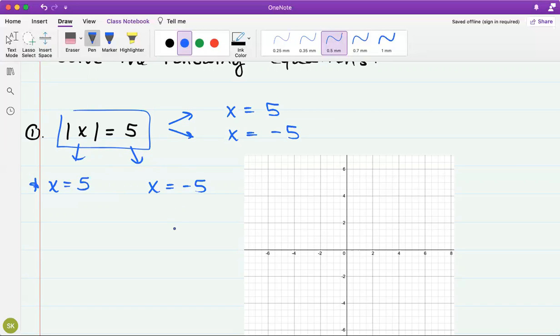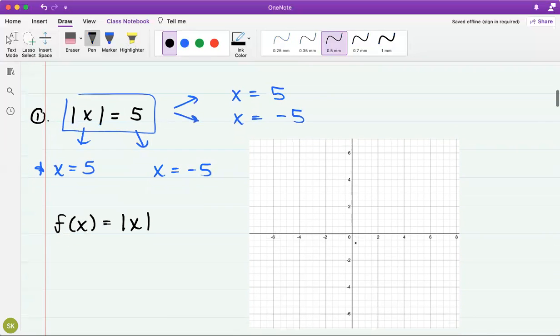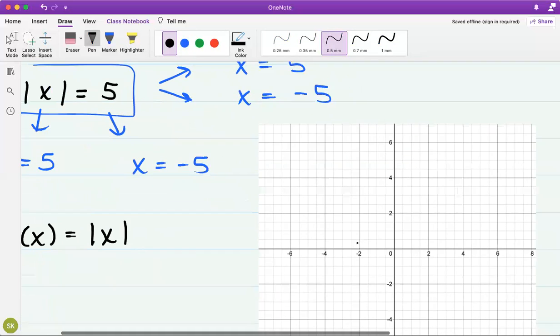But I do want to bring up another way to solve this. I guess it's the same way, but we're going to use graphing because the absolute value function, we know what that looks like. This was one of the functions we had to memorize when we were learning transformations of graphs. So let's graph this. If you recall, the absolute value function is V-shaped.